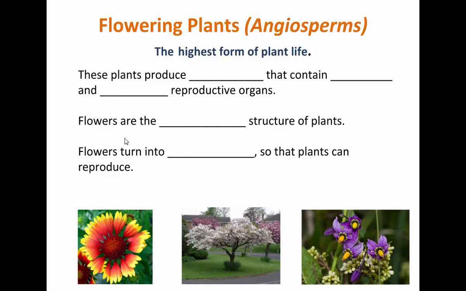Okay. So, flowering plants, which are called angiosperms, they have flowers. And what a flower really is, it's the reproductive organ of a plant. There are male parts of a flower, there are female parts of a flower. So they're the reproductive structures.